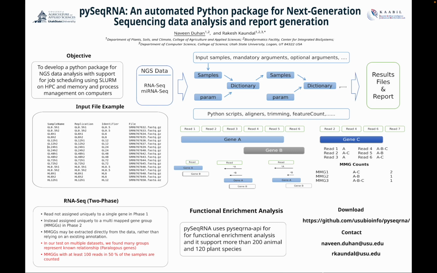And there are 3 scenarios for how we count or disregard multi-map reads. In the first scenario, the read is 100% matched on both genes. Then it is considered in the MMG counts.